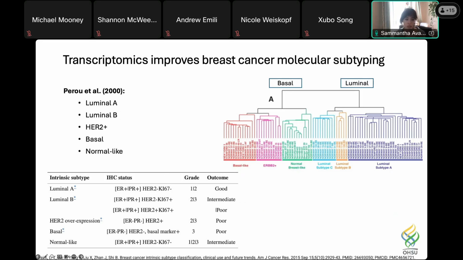Luminal A and luminal B are generally associated with having a better outcome, where luminal A is associated with having the best outcome and is associated with a lower grade. If we look at the basal subtype, this is hormone receptor negative as well as HER2 negative, and this subtype is associated with a higher grade and therefore more aggressive tumor.